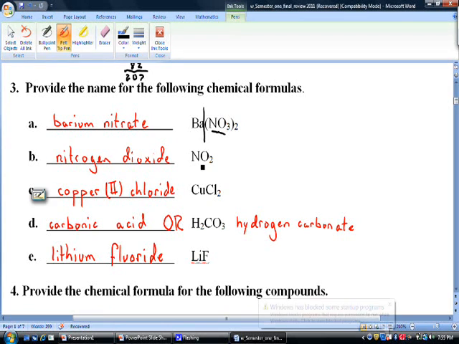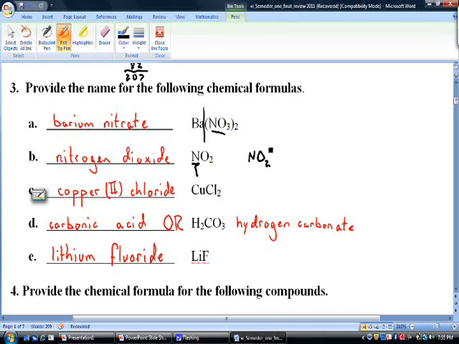As we move on to B, this starts with a nonmetal. Nitrogen is a nonmetal, and so we name this using prefixes. It's nitrogen dioxide, 1 nitrogen, 2 oxygens. Now, a lot of you are saying, I am looking at my common ion sheet, and I see an NO2.